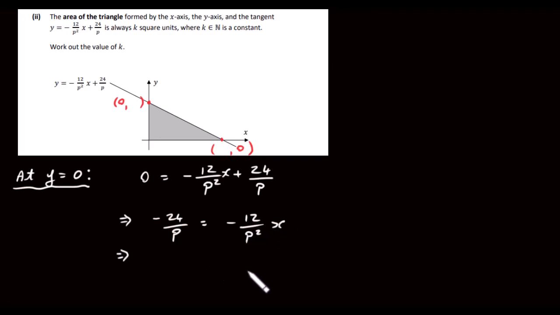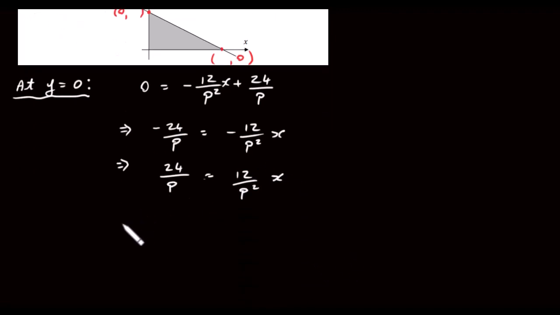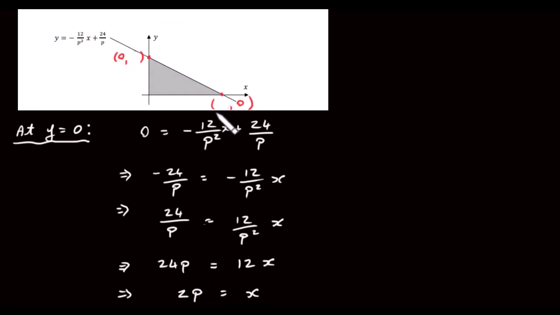Well, let's just get rid of that first. 24 over p is equal to 12 over p squared x. Now what I can do here is multiply across by p squared. So if I multiply this by p squared, I'll end up with 24p. If I multiply this by p squared, I'll end up with 12x. So that'll finally give me x is equal to 24p over 12, which is 2p. So my x value is 2p, so that's going to be here, 2p.